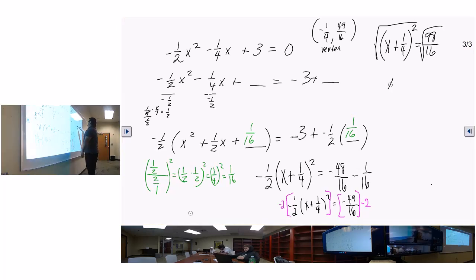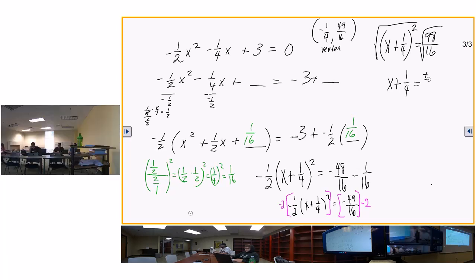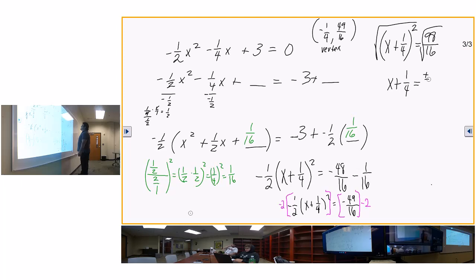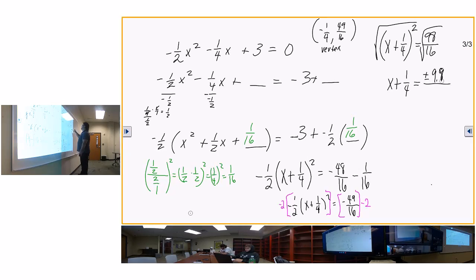So x plus 1/4 is equal to positive or negative the square root of 98 over 4. I wonder if that's 9.9 or 9.8. What's the square root of 98? I'm going to say 9.8. Maybe 9.9. But it is 9.8. Okay, that's fine.